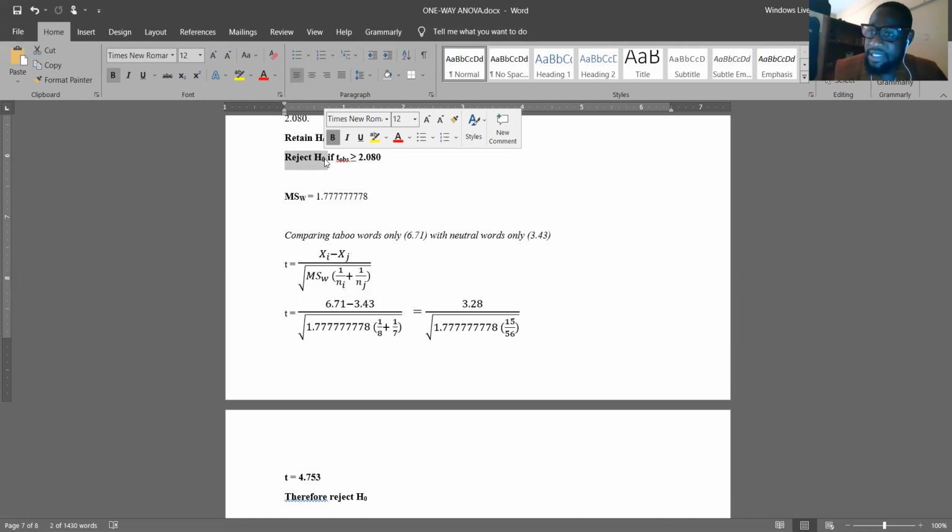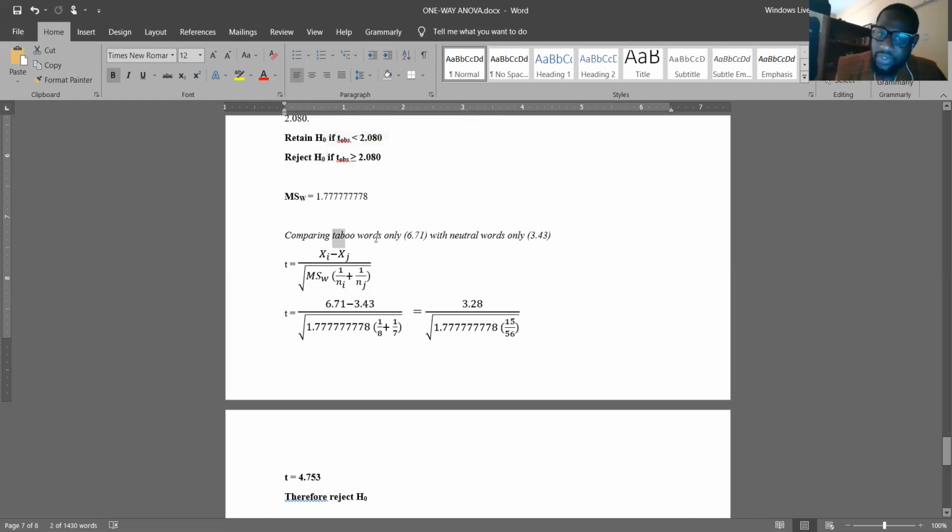And per the protected t-test, which of the two groups were we comparing? We're comparing taboo words only and neutral words only. And we've made a decision to reject H0, meaning there is a significant difference between taboo words only and neutral words only. Then you ask yourself, which of the two groups committed more errors than the other?